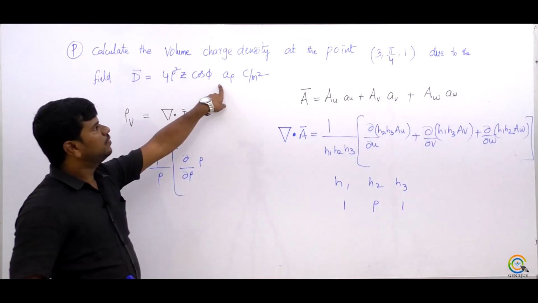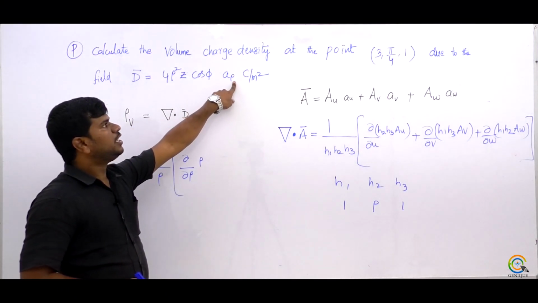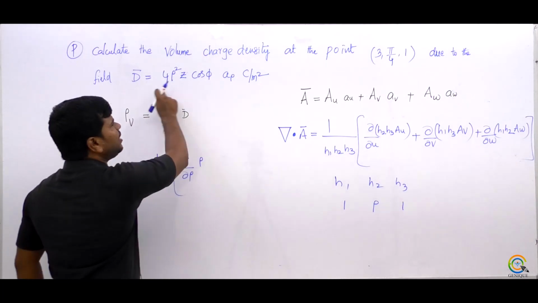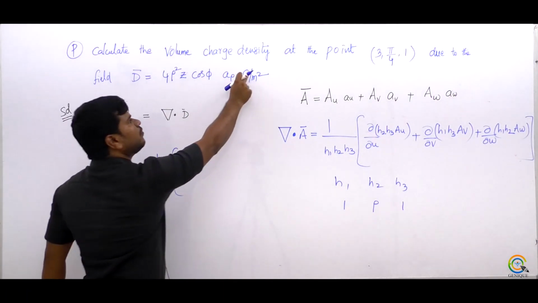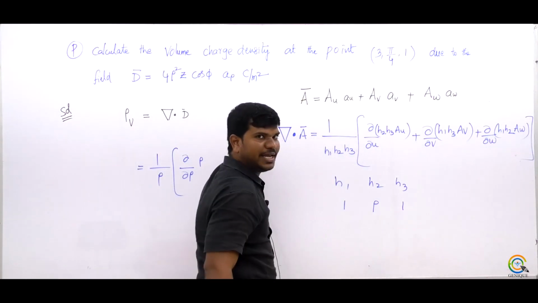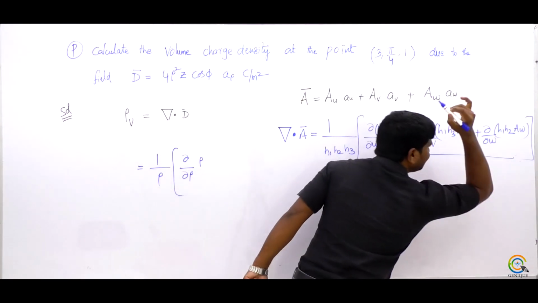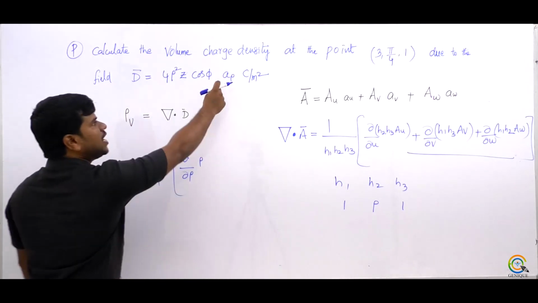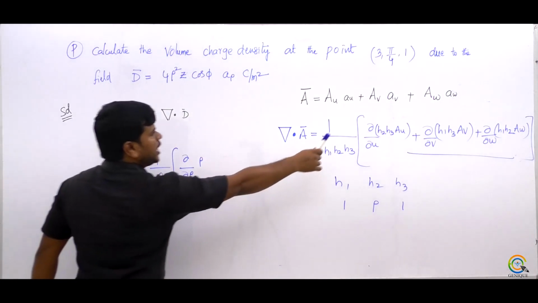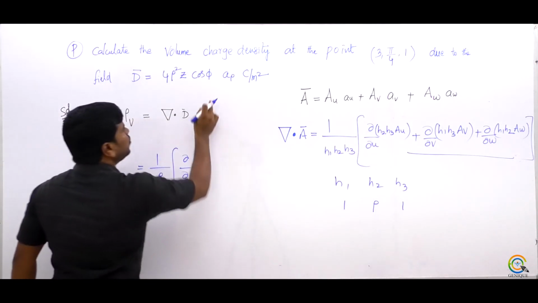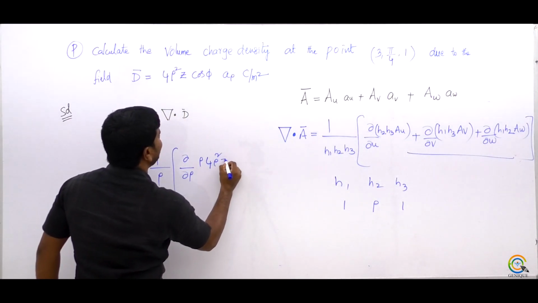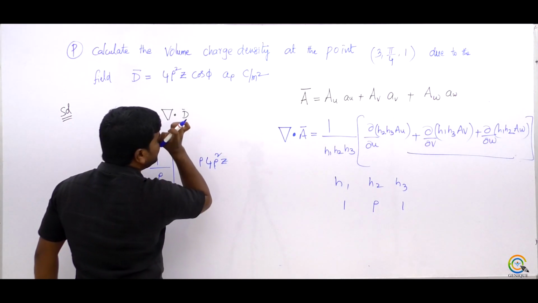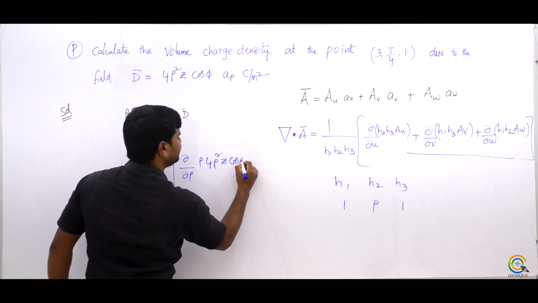It is in the direction of rho. Fortunately only one component is given: no phi component and no z component, so no need to take those. So H2 H3 into AU, where AU means the rho component, is 4 rho square z cos phi.